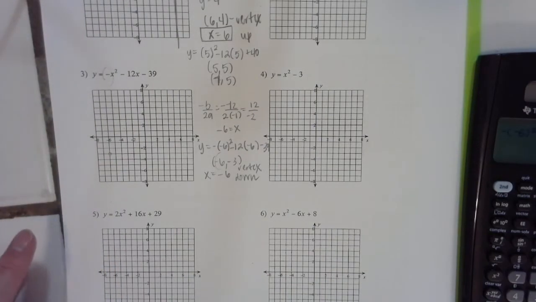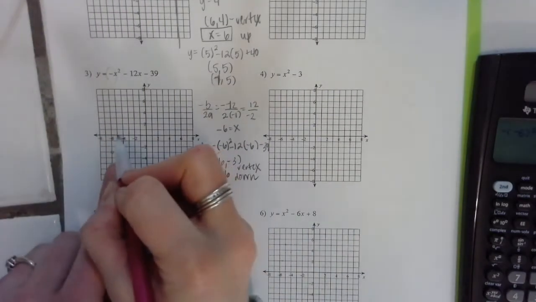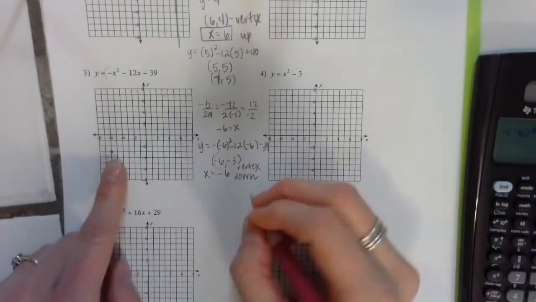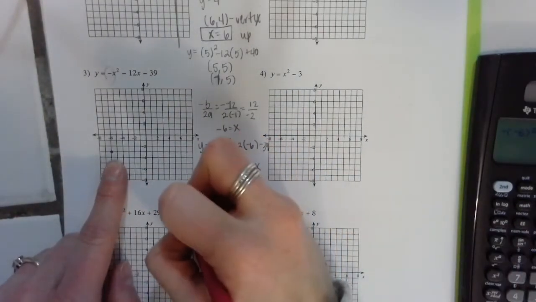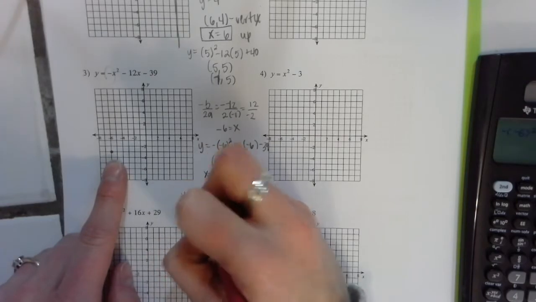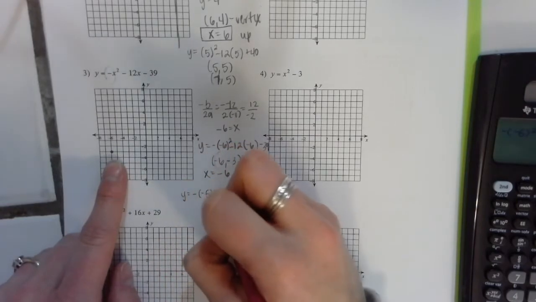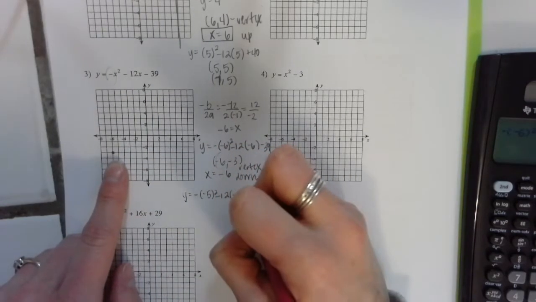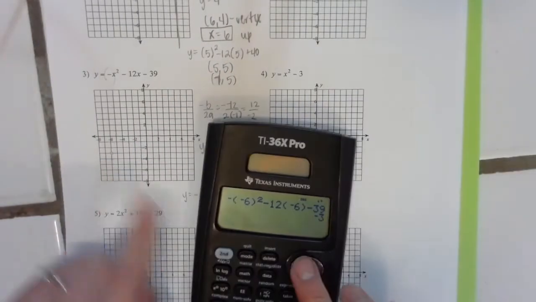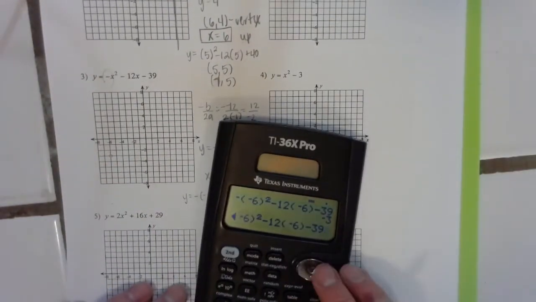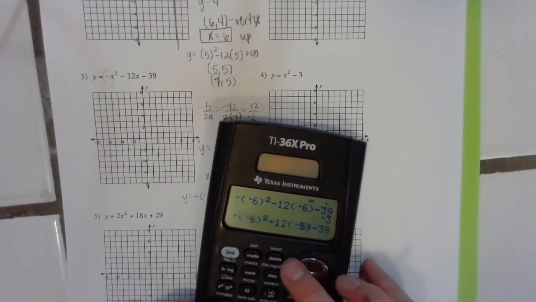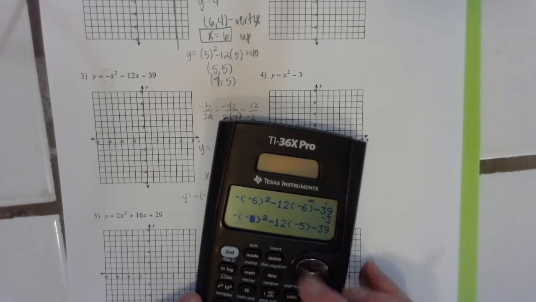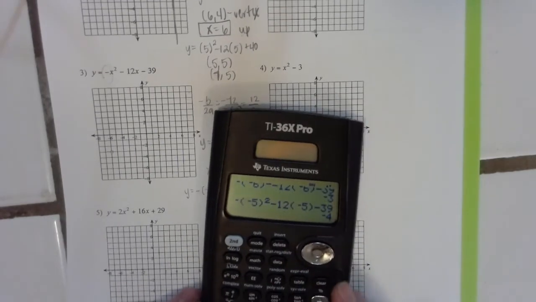Okay, so for this guy, I'm just going to pick one number smaller than negative 6 and plug that in and see what my y value is. So y equals negative 5 squared minus 12 times negative 5 minus 39. So it's the same idea, but instead of a 6, we have a 5. Like that. And our answer is negative 4.